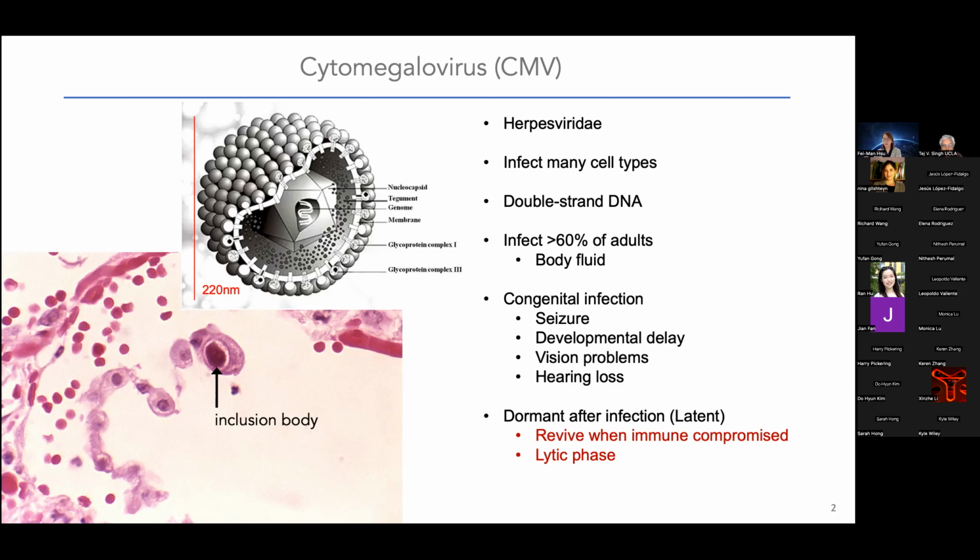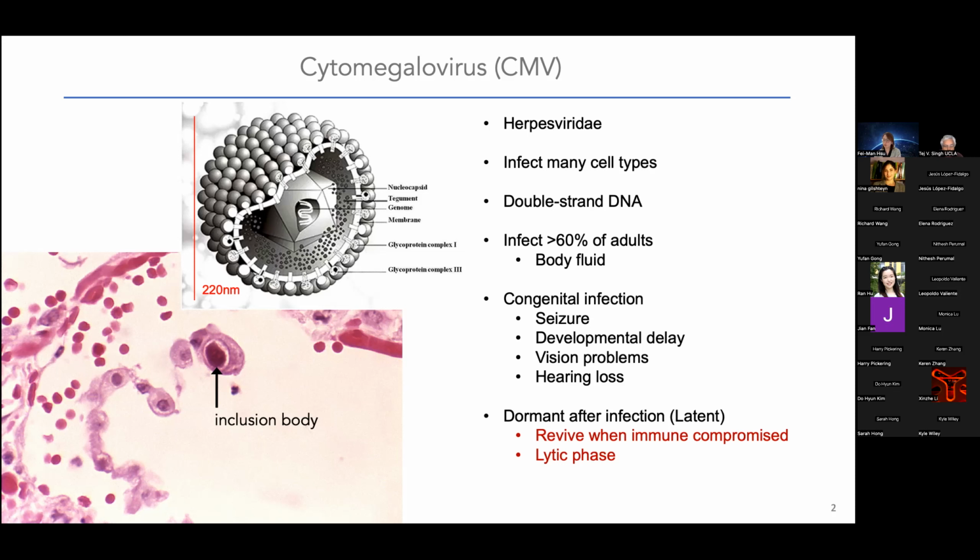It becomes active or revives when the person becomes immunocompromised. The most significant cases are people getting chemotherapy or undergoing surgeries, most notably organ transplant.